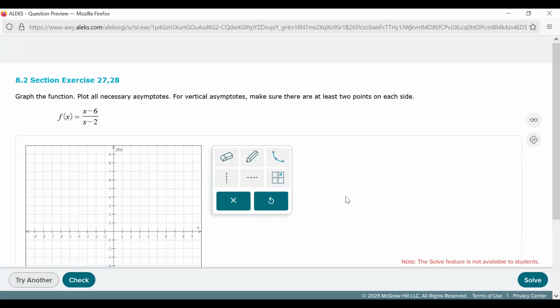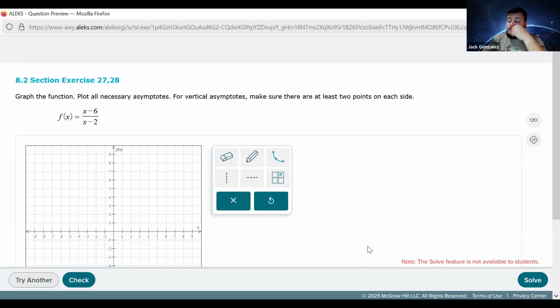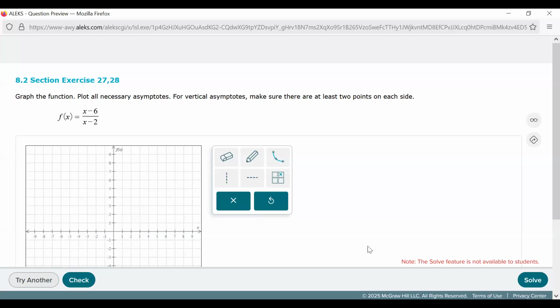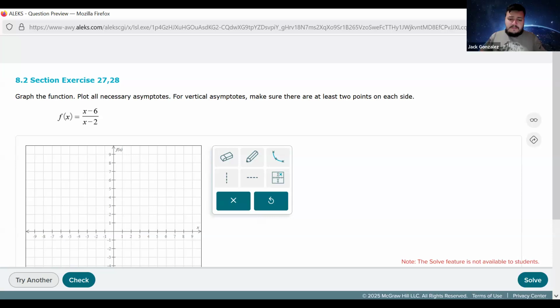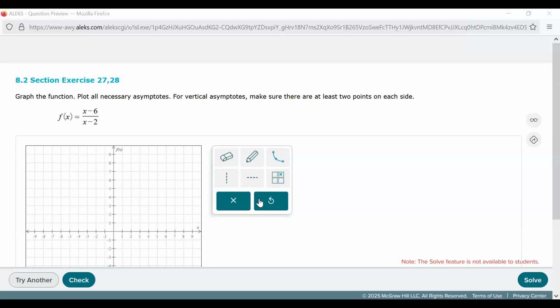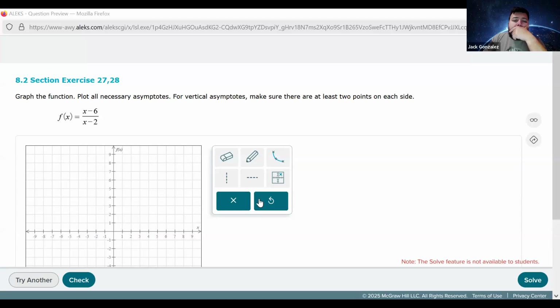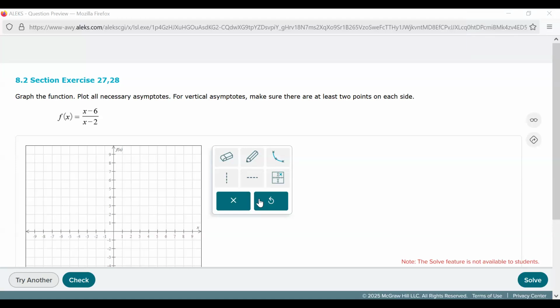It said I got it wrong. Double check all your points. But let me send you all some notes because I didn't send you the asymptote stuff yet, right? I think I have like 5 points already. Maybe that's why you get it wrong.